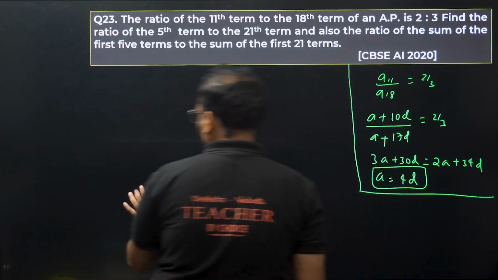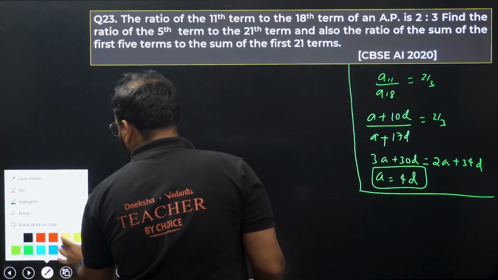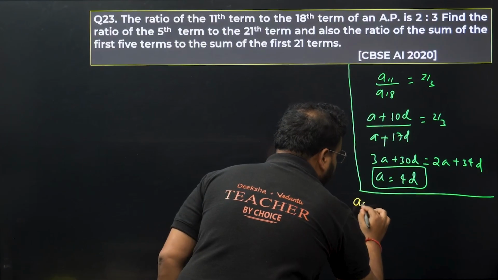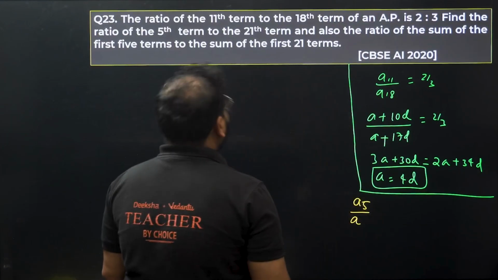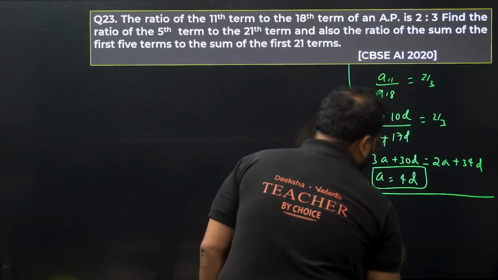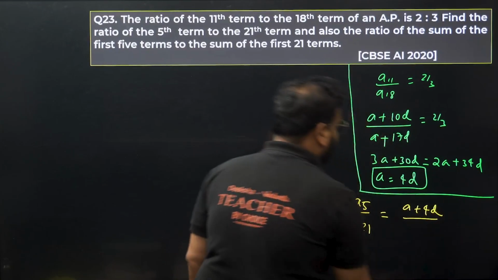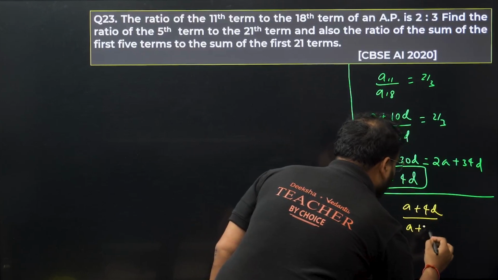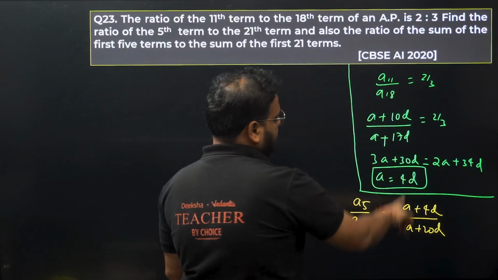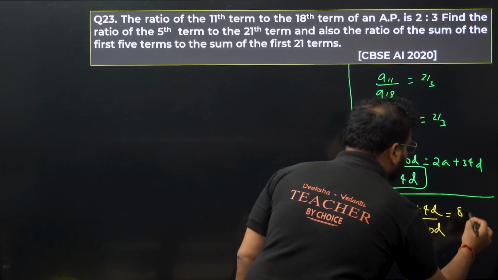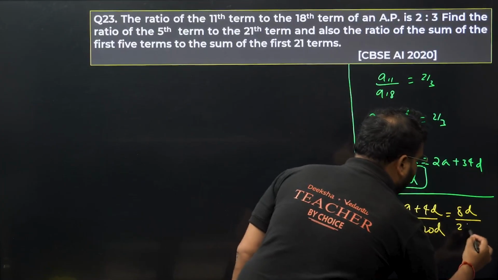Find the ratio of A5 to A21. This is the given information. Now next is what they're asking: A5 to A21. What do I get for this? I get a plus 4d upon a plus 20d. Okay, a is 4d, it means it becomes 8d upon 24d.